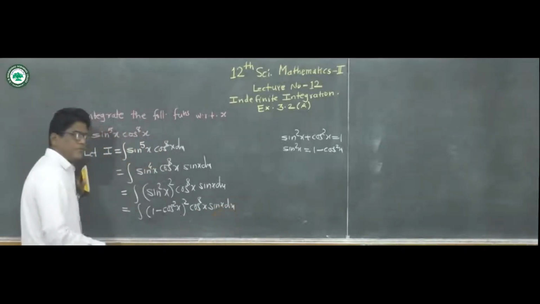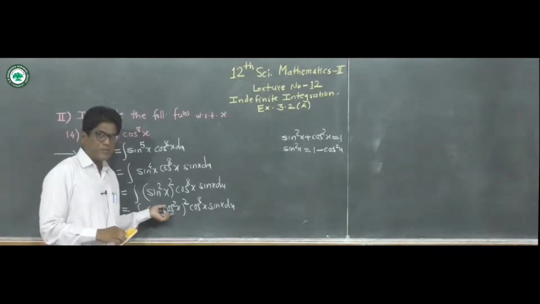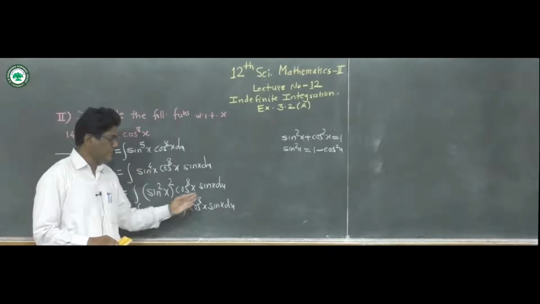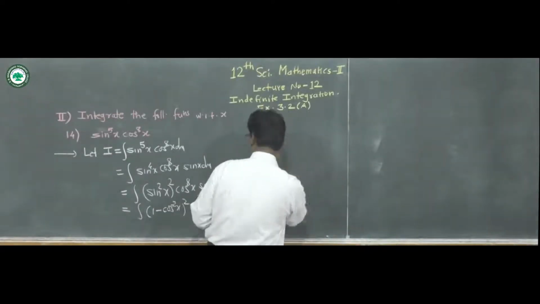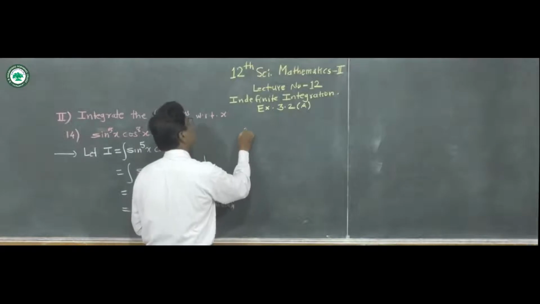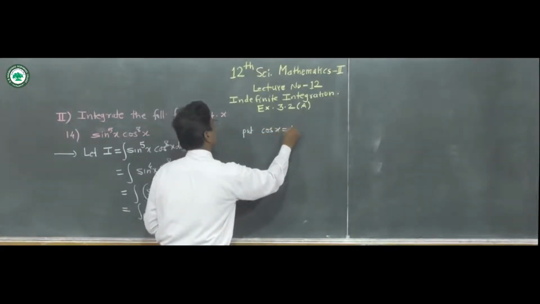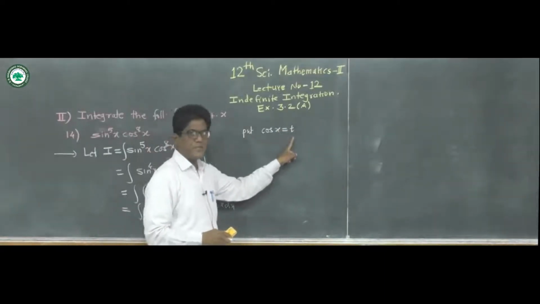And now here we use the substitution method. We put cos x is equal to t. Differentiate with respect to x.